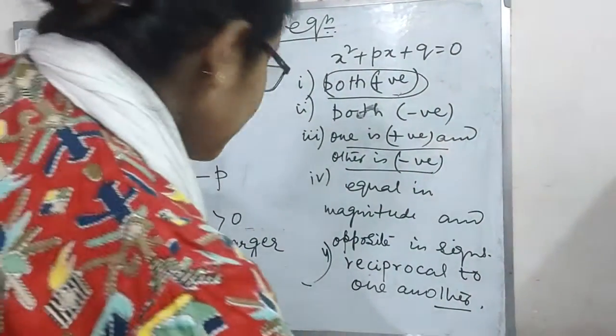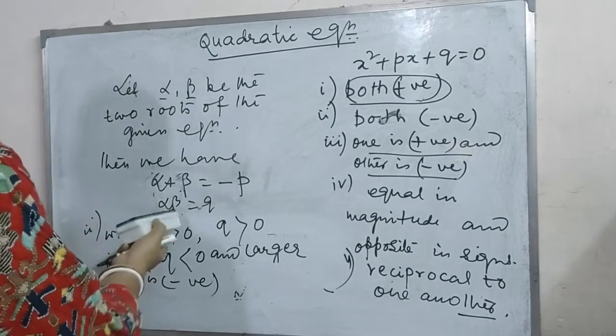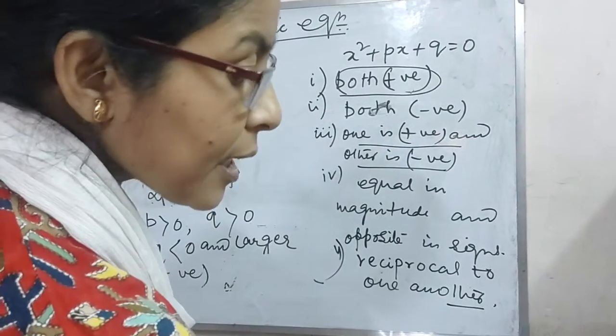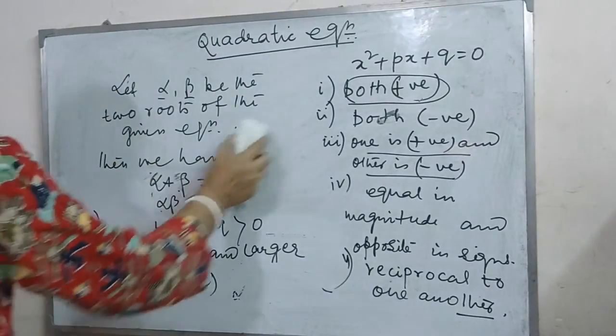So one positive and one negative means q less than 0. This is for 3.